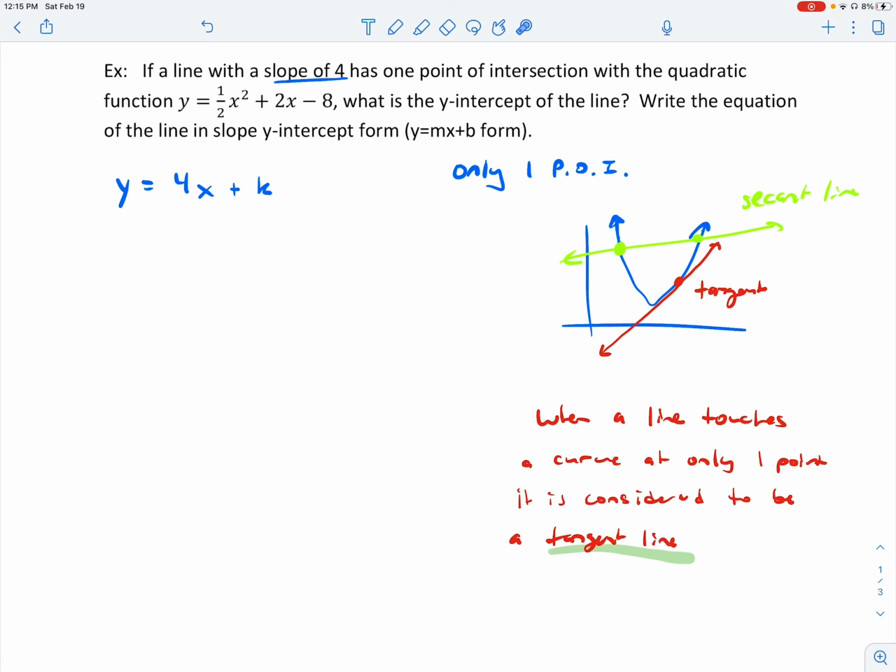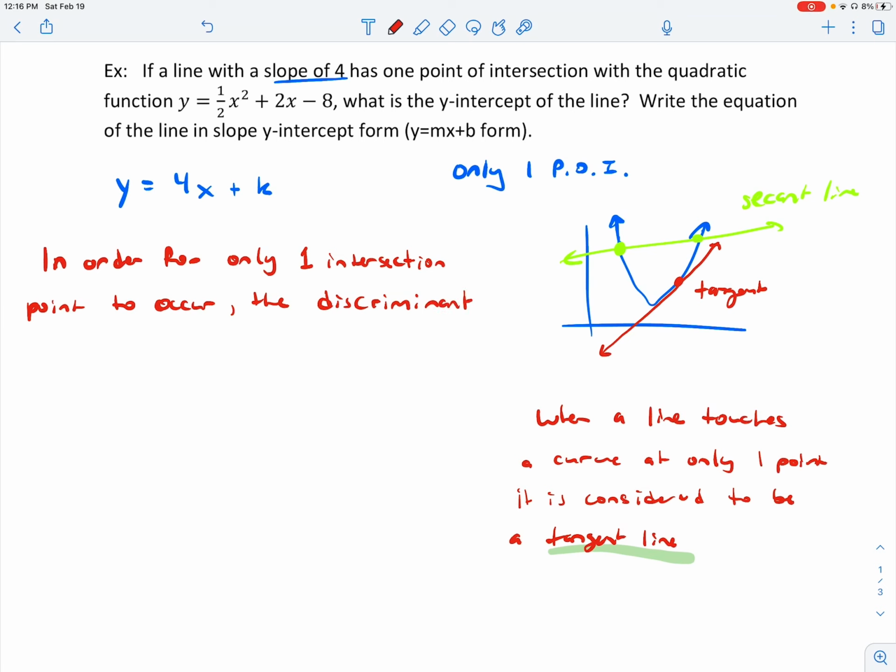So in order for there to be just one solution, in order for only one intersection to occur, the discriminant needs to equal 0.